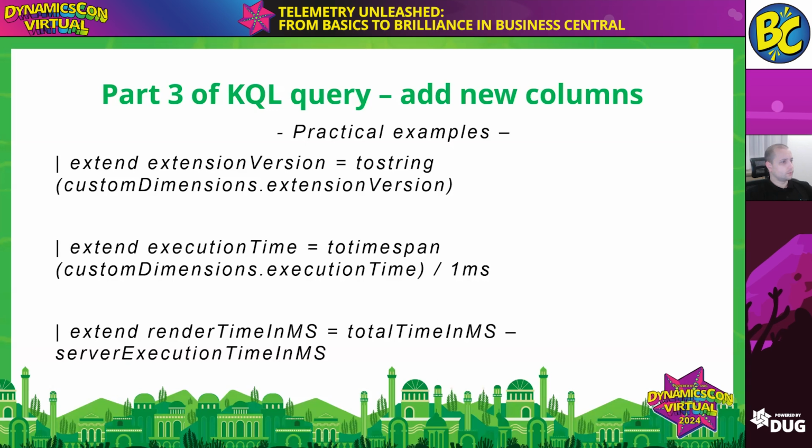The same goes for execution time, just in this case we need to do a conversion to time span, and then store it in a new column. And in the third example with extend, we defined a new column, which is rendering time in milliseconds, by dividing the total time in milliseconds by the server execution time in milliseconds.